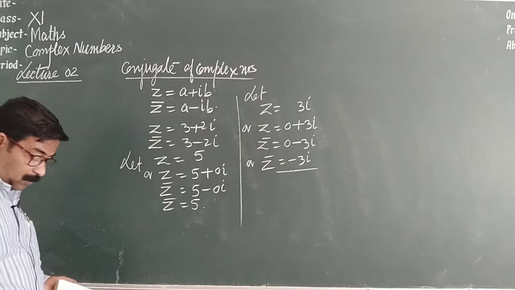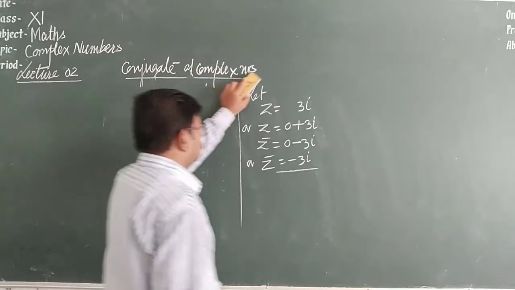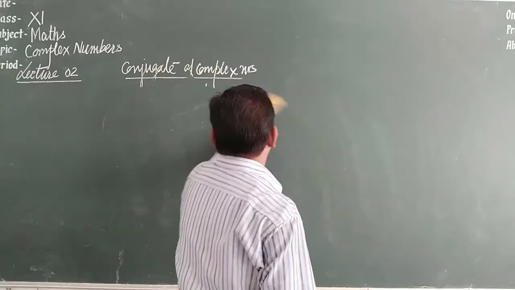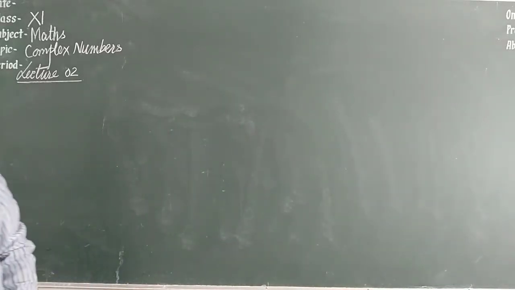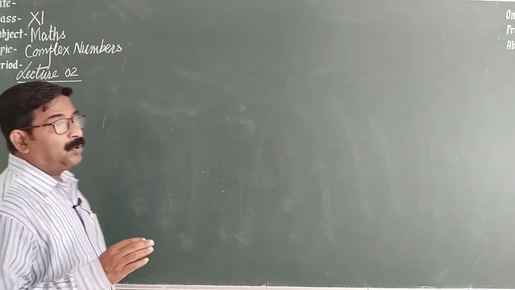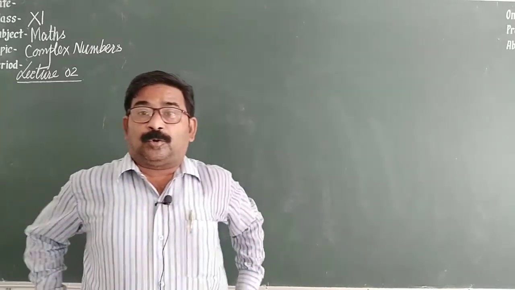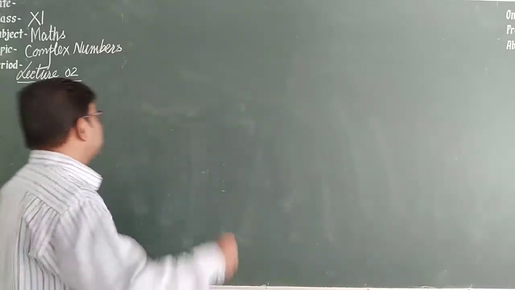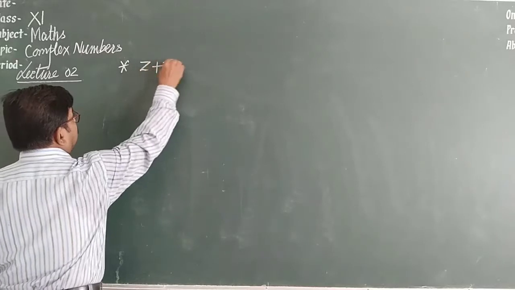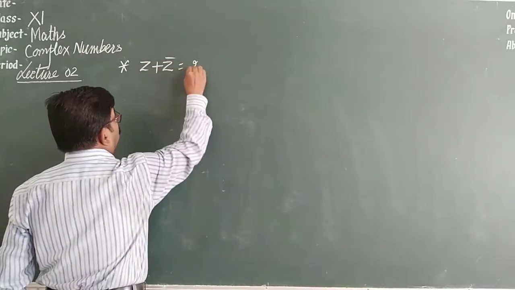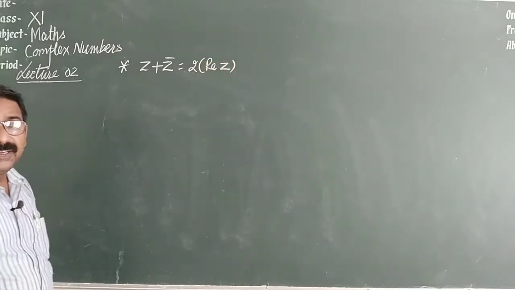Now let's see the sum of a complex number and its conjugate. The sum of a complex number and its conjugate is always equal to twice the real part. Means z plus z bar is equal to 2 times real z.